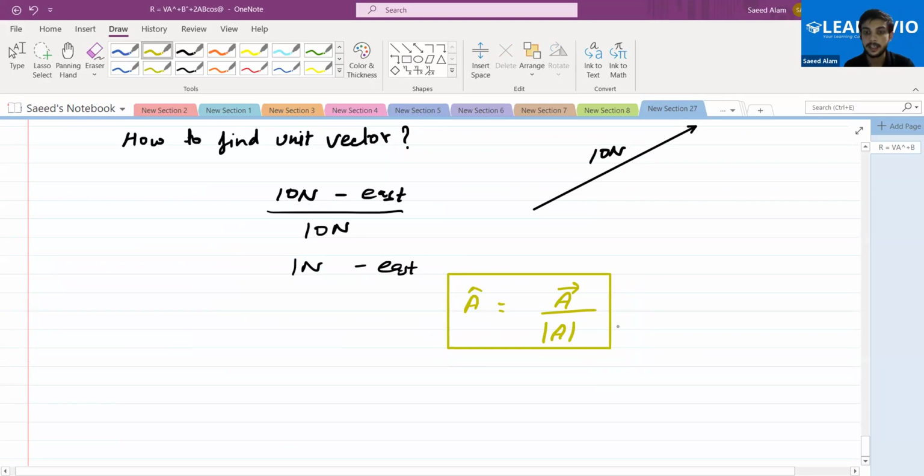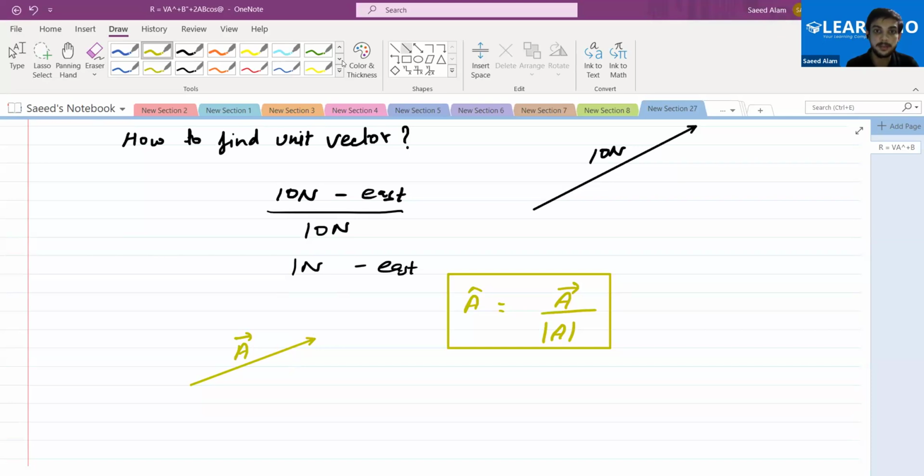Understood. Now, what is the use of this? Suppose a vector A is given to us. Now we want a vector of two times A. It is just used to specify the direction.